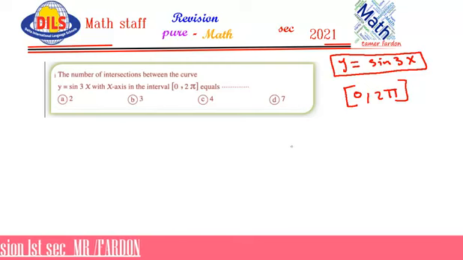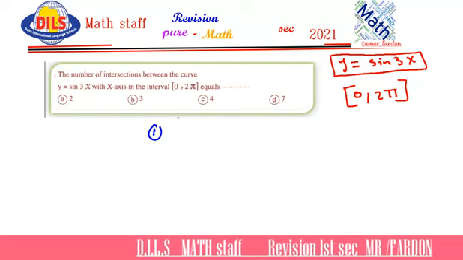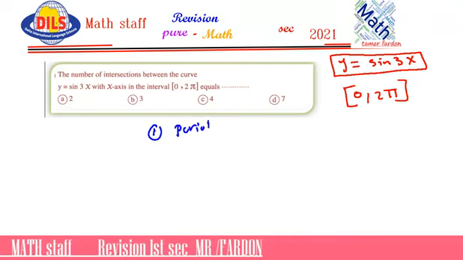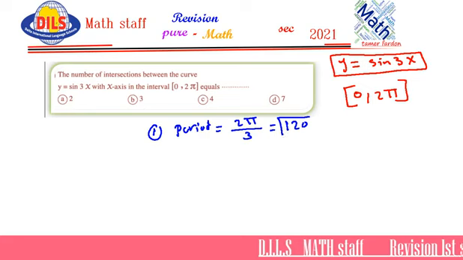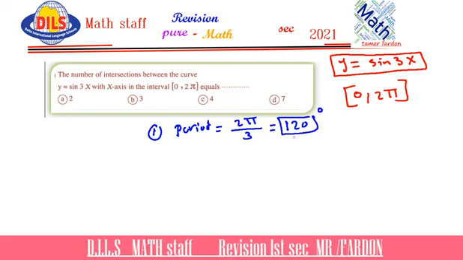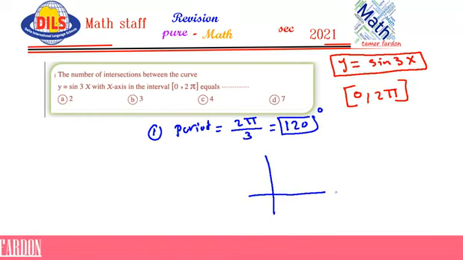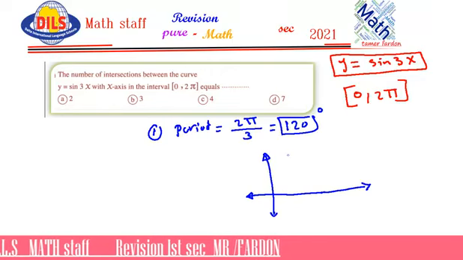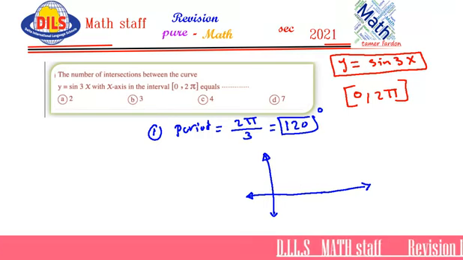To find that, we have to find firstly the period of the function to draw it. The period of the function equals 2 pi over 3, which equals 120 degrees. That means the period of the function completes at x equals 120 degrees.